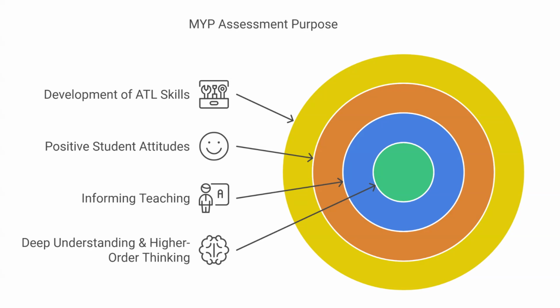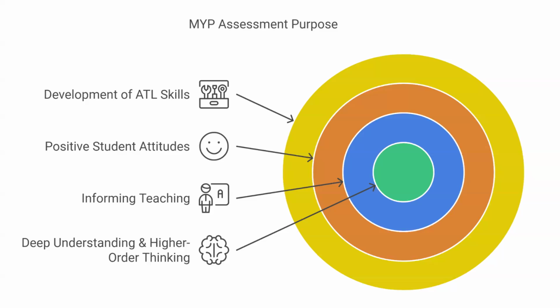So there are five main ATL skills: communication, social skills, thinking skills, research skills, and self-management skills. These skills have to be taught through the curriculum and through the activities that you do in the MYP, the core that you have in the MYP.